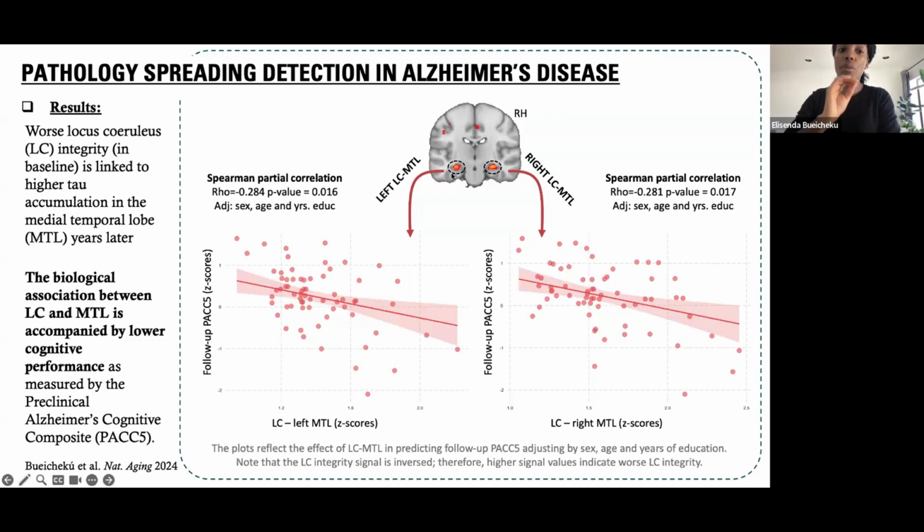So tau was traveling from the brainstem to the cortex, but they also had worse performance in the cognitive measurements. All in all, the use of different modalities in this case, and using the same principles that we learned from graph theory, helped us identify the pathway in which tau is damaging the brain in individuals that are still in the preclinical stage of AD.